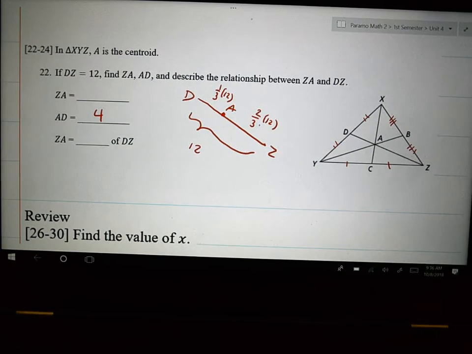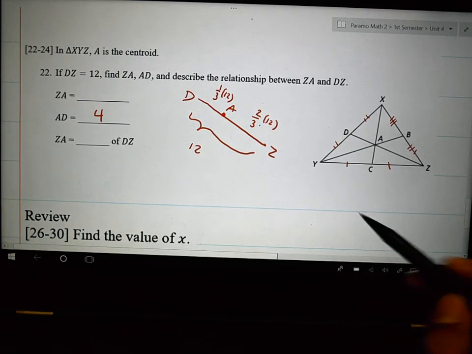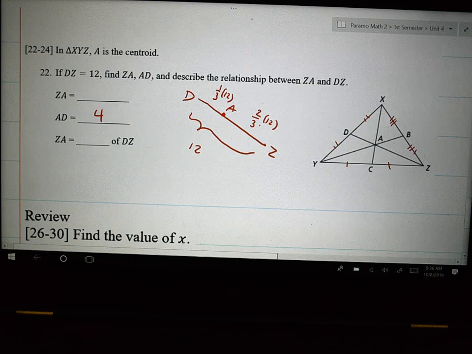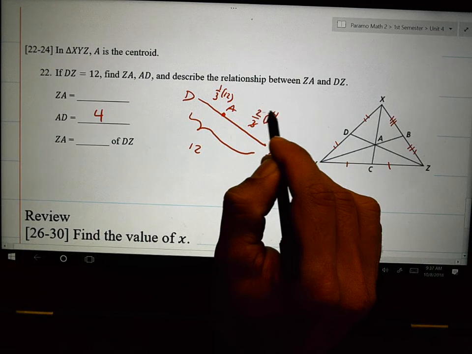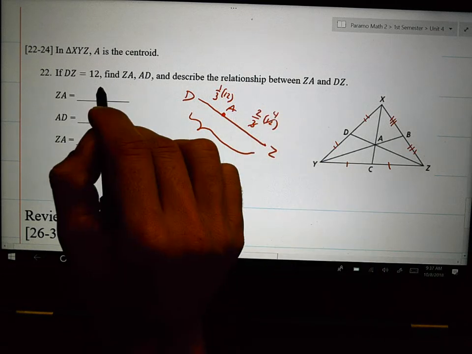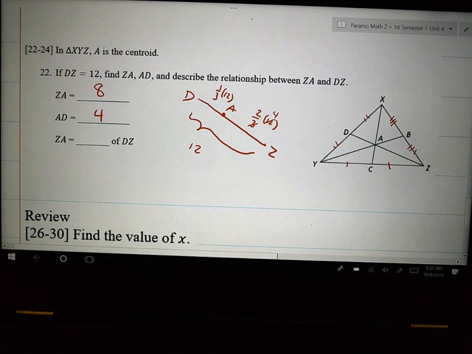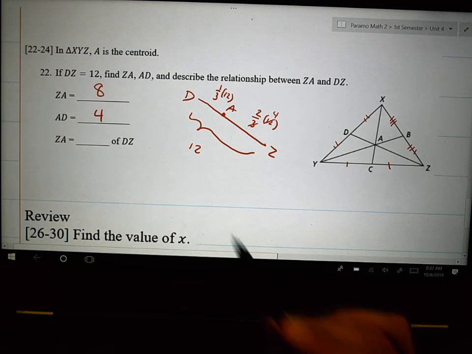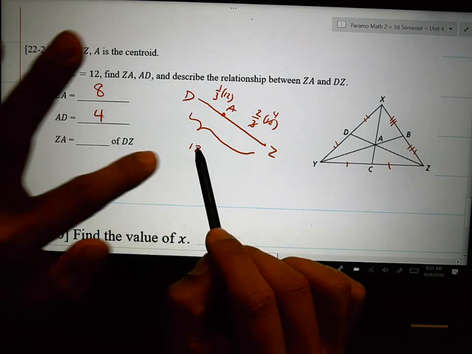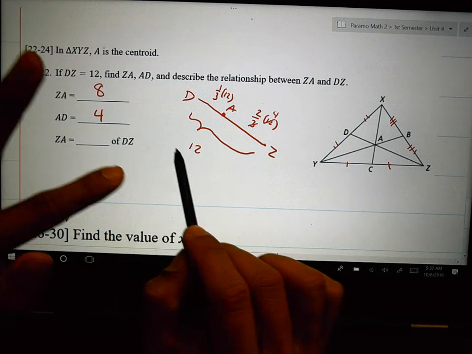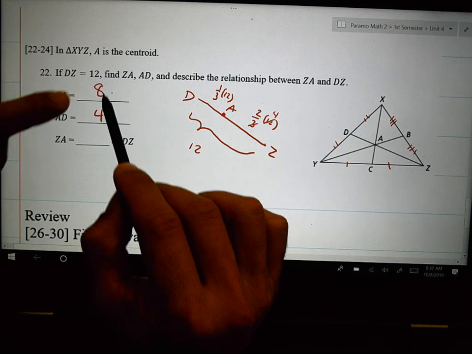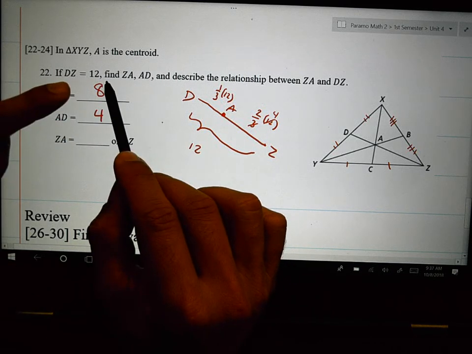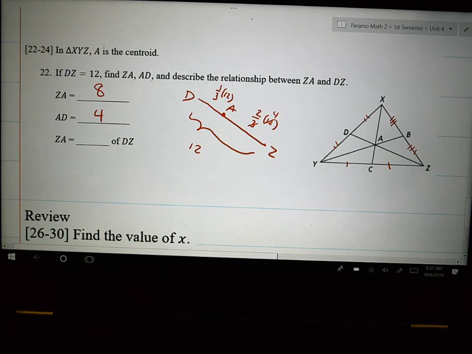Or you could do 3 goes into 12, 4 times. 2 times 4 gives you that AZ is 8. And if you'll notice, 4 is 1/3 of 12. 8 is 2/3 of 12. This is 2 to 1. Twice as big as this, as it should be.